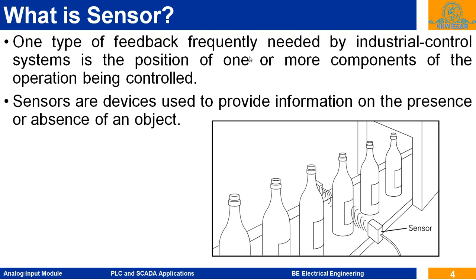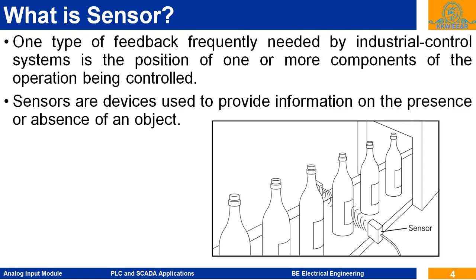One type of feedback frequently needed by the industrial control system is the position of one or more components of the operation being controlled. Sensors are devices used to provide information on the presence or absence of an object.